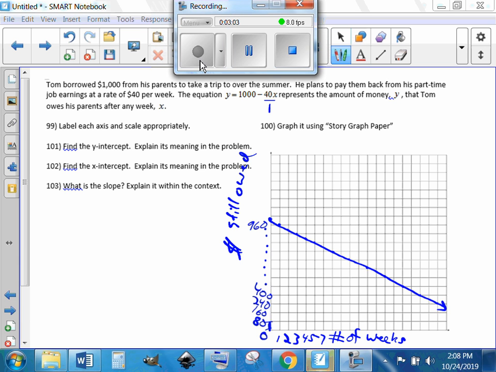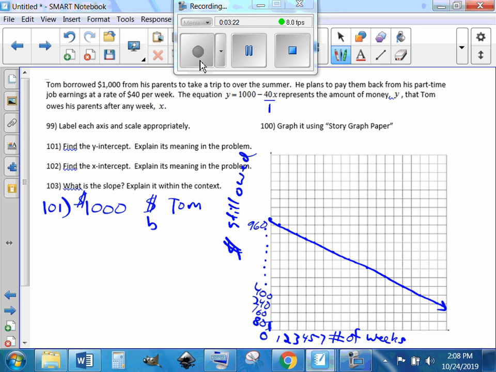So the y-intercept we know is that 1,000. And what that 1,000 means in the context, that's how much he borrowed. Because that's the very beginning. He borrowed that much money. So that's the money Tom borrowed.